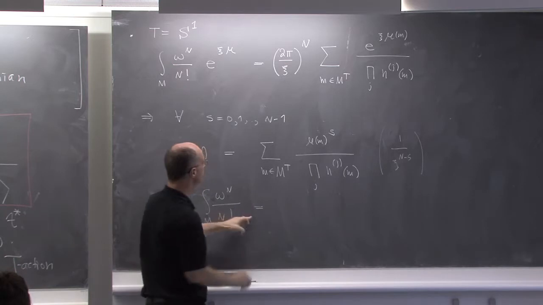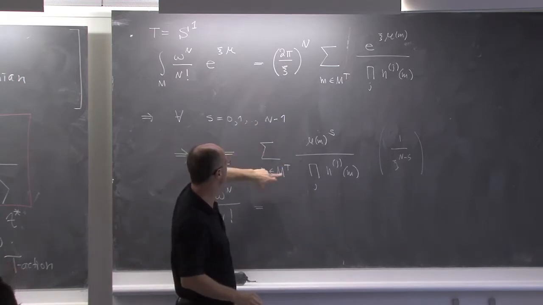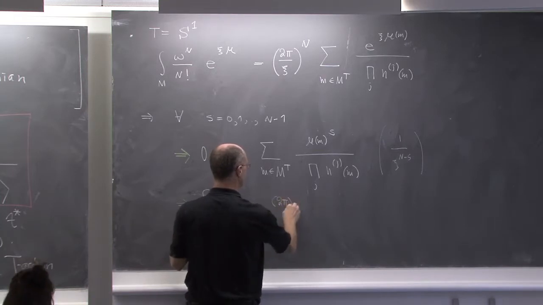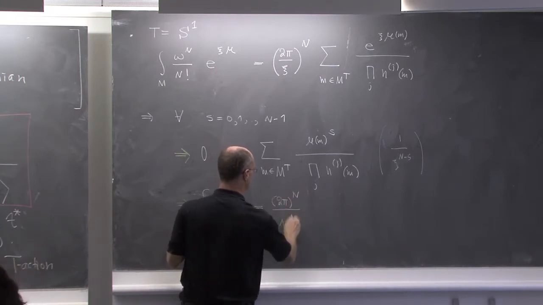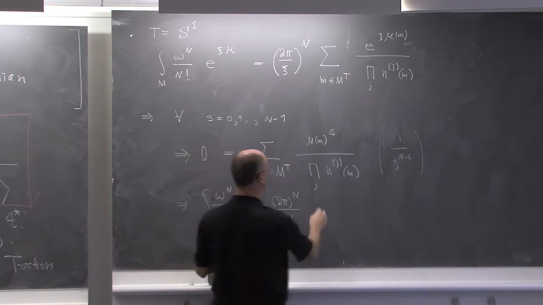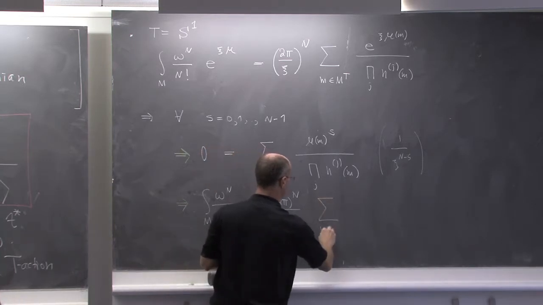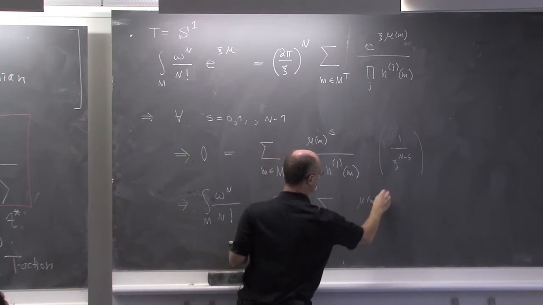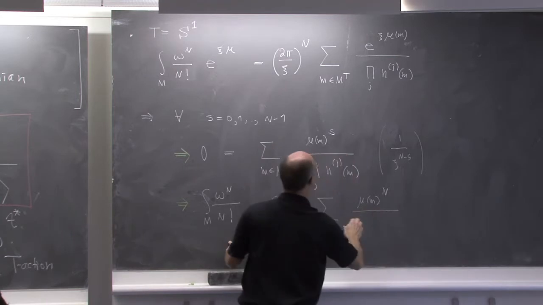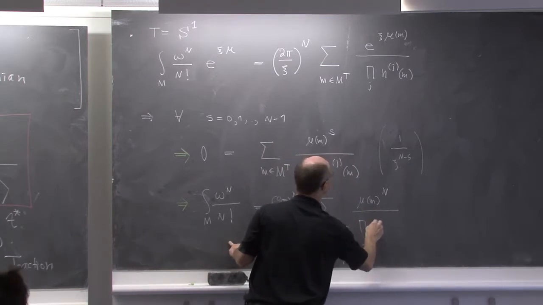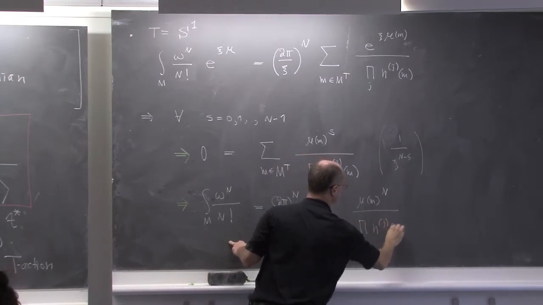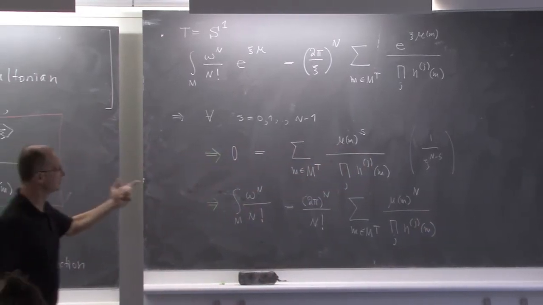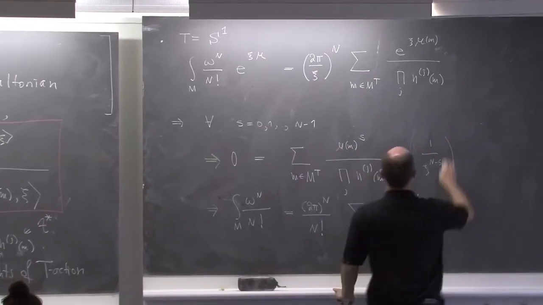And on the right-hand side, it will be a somewhat similar expression to this one. This will be 2 pi to the n over n factorial times the sum over m in mt of mu of m to the power n divided by the product of n_j of m. That's the first Taylor coefficient.